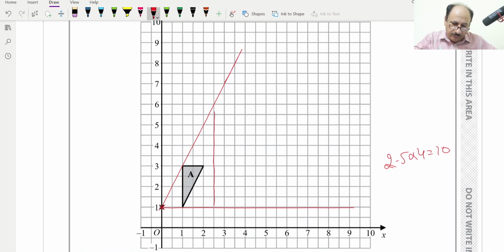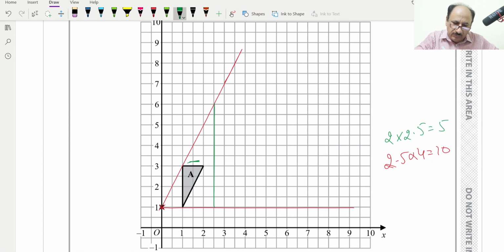So we can properly draw this line, and we will change the color; this will be 10 units from here. Now this base is 2 units, so 2 multiplied by 2.5 will be equal to 5.